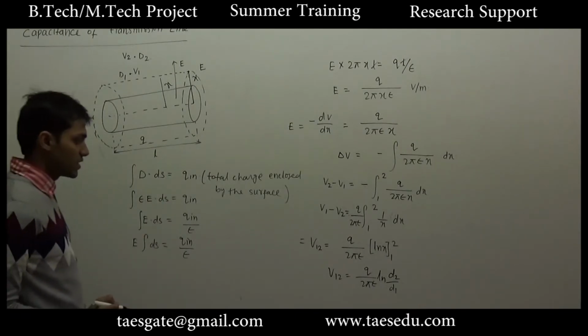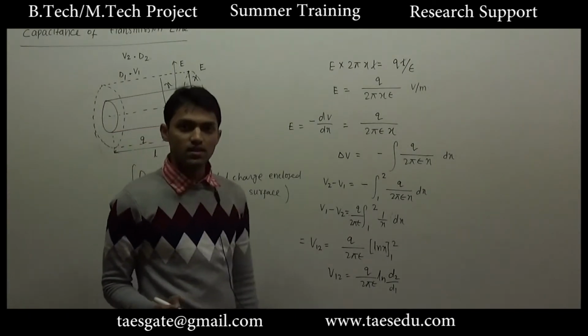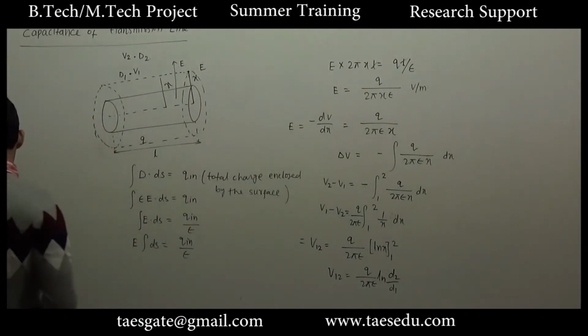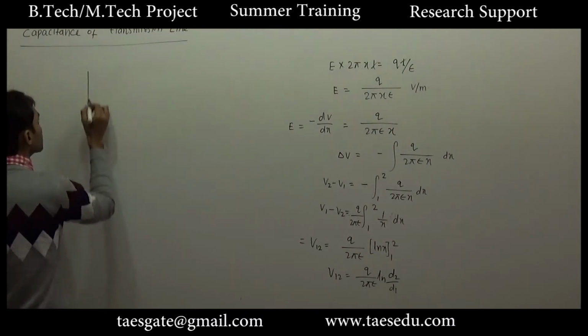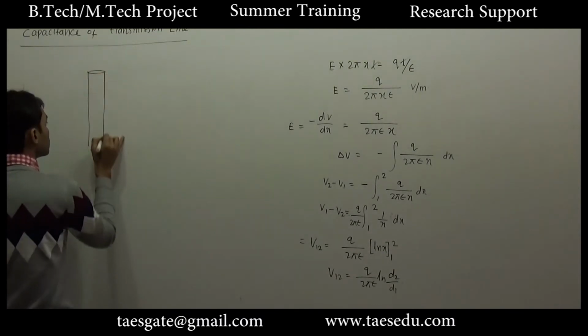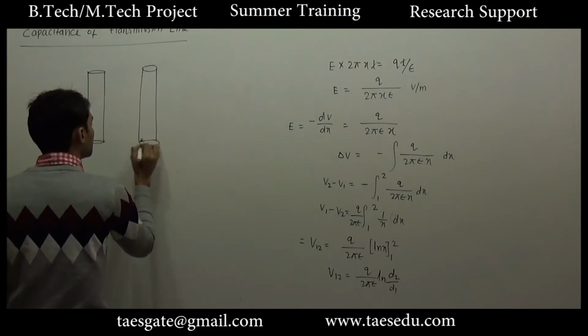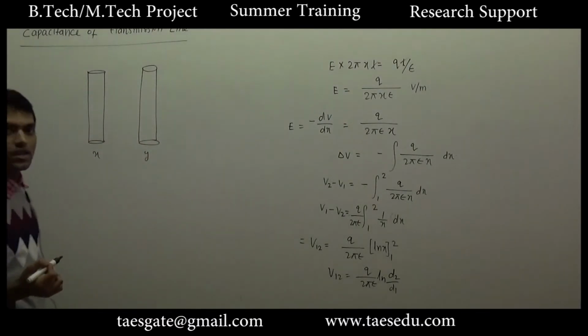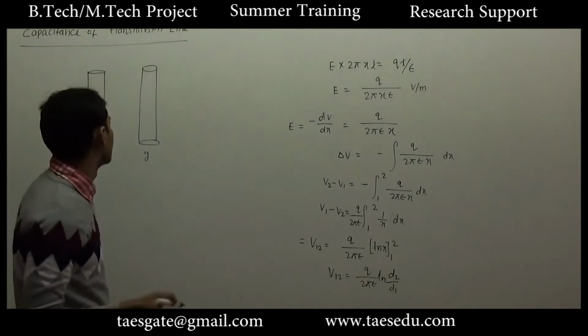Okay, so we will apply this formula to find out the capacitance of a conductor. Let's first assume a two-wire system. Let's say this is wire X, this is wire Y, one for incoming current and the other for returning current.